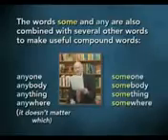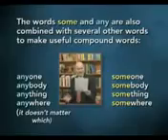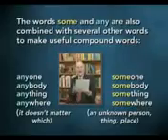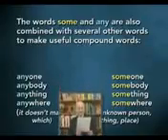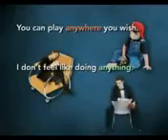And someone, somebody, something, somewhere. And the meaning, an unknown person or thing, someone. And they're used just as some and any are used in sentences. Okay, for example, you can play anywhere you wish. I don't feel like doing anything. Raul doesn't love anybody.